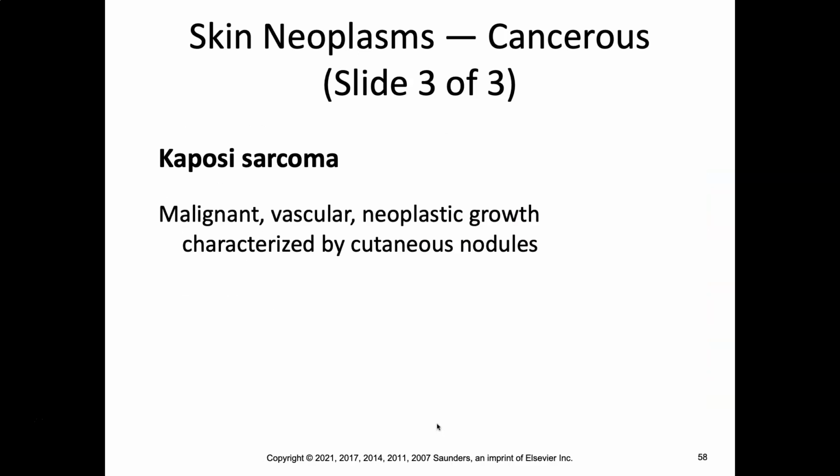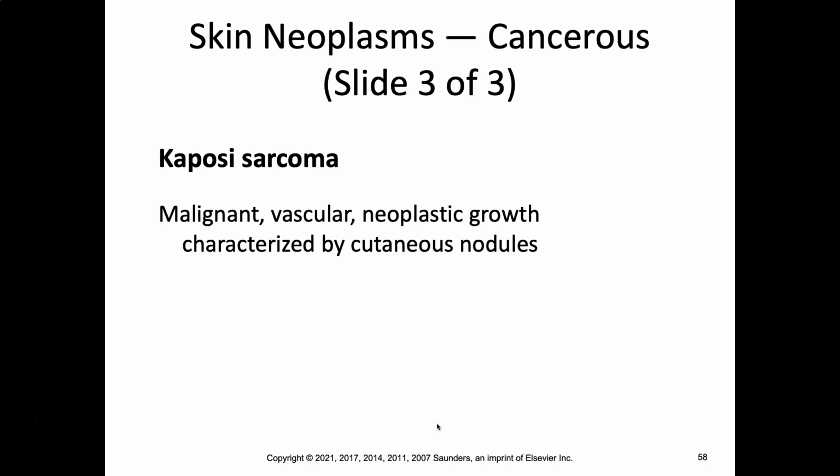Kaposi sarcoma, we talked a little bit about this several weeks back when we talked about the immune system and HIV as it transitions into AIDS. And one of the unfortunate conditions that patients with AIDS can develop is Kaposi sarcoma, where they get these neoplastic growths of cutaneous nodules.